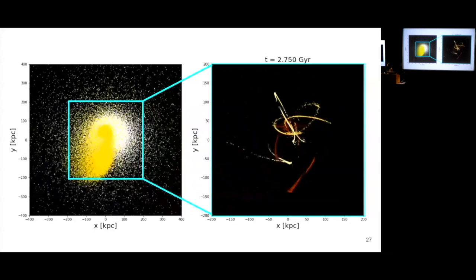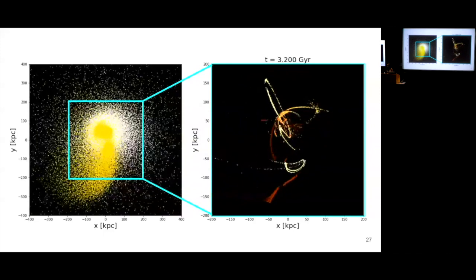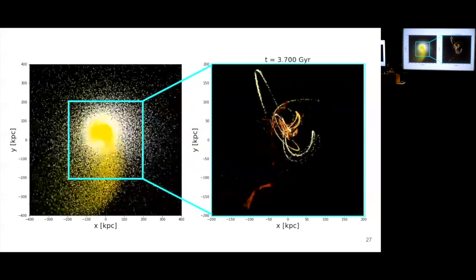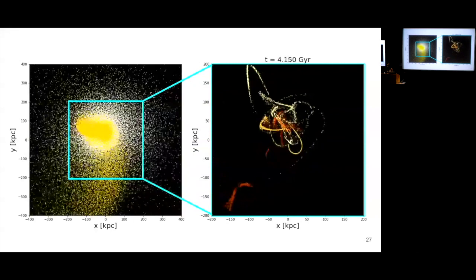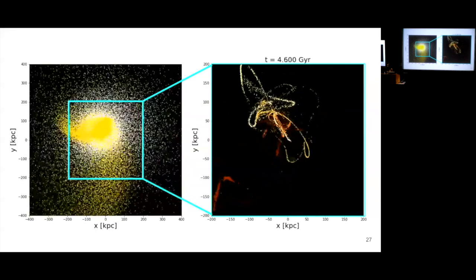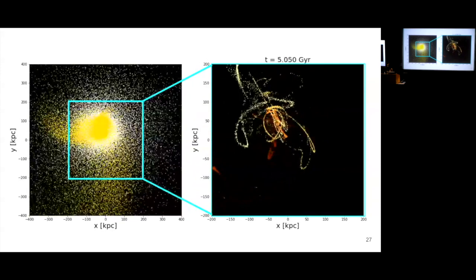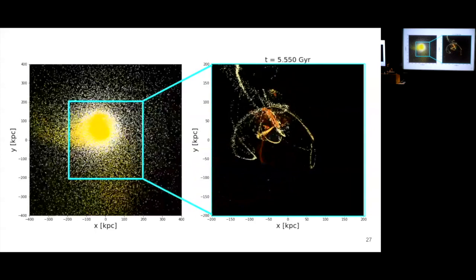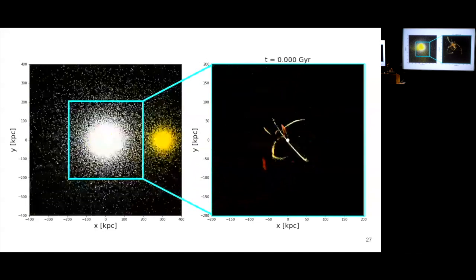And then I have a comment based on this discussion: if a major merger really messes the streams up that much, you might be able to figure out how long they've been making streams, and then set limits on the time frame for the last major merger in any particular galaxy. But how did you decide to set the ratio of masses?